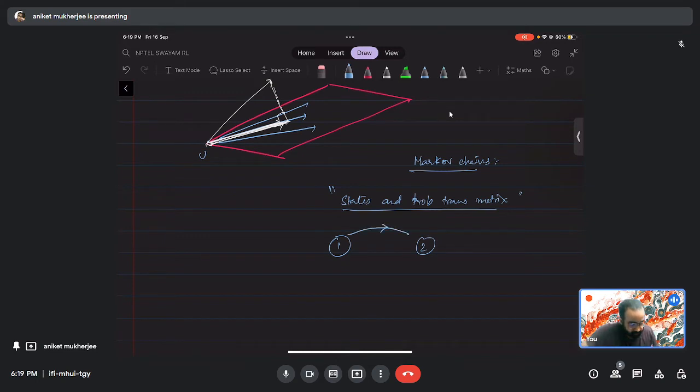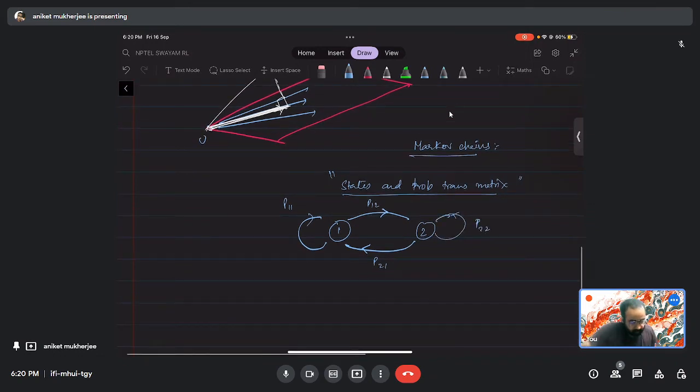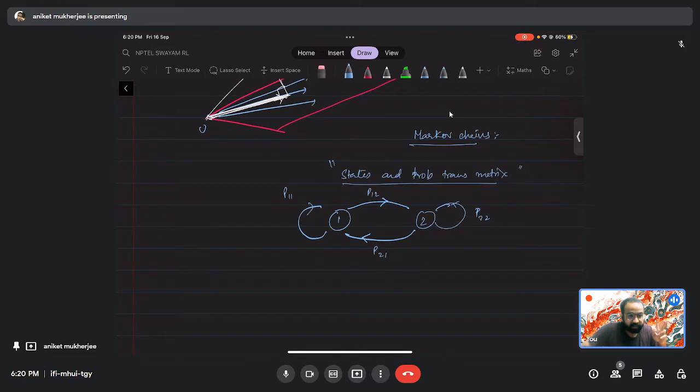So if you are in state 1, one setting could be transition probabilities P11, P12, P21, P22. So this is a two-state Markov chain. Markov chains could be discrete time Markov chains or continuous time Markov chains.